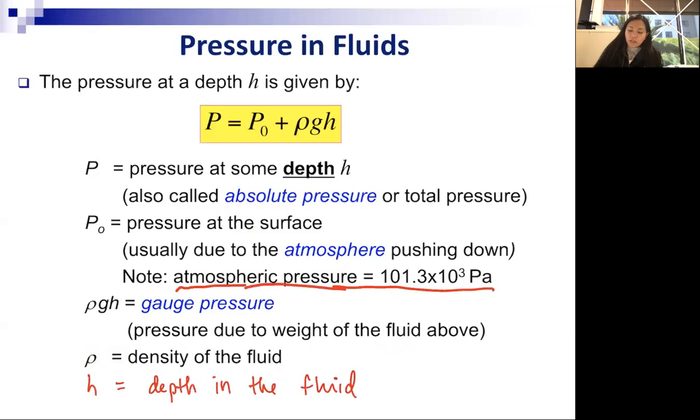So the total pressure or the absolute pressure is equal to the pressure exerted by the atmosphere plus the pressure exerted by the fluid above a certain height or depth h.